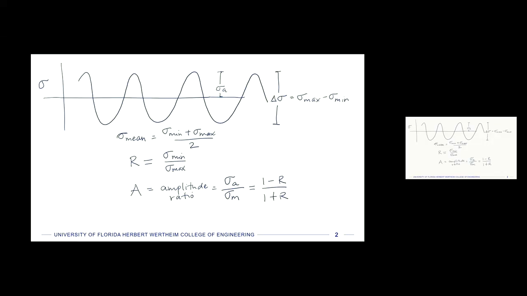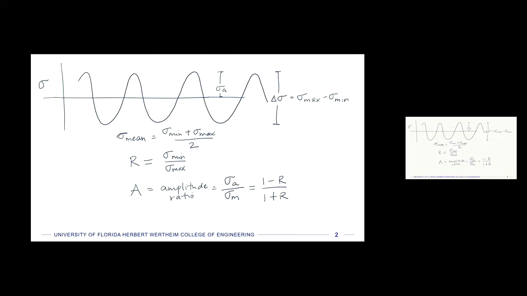This curve has two things that are important for SN curves. The first one is its constant amplitude. So across the curve, it goes up and down away from the mean the same. And then it also has a 0 mean stress.